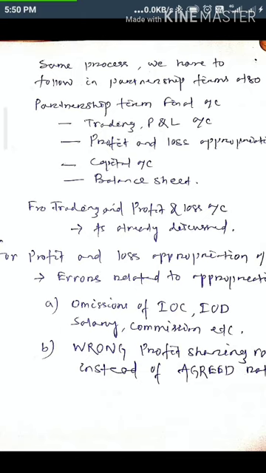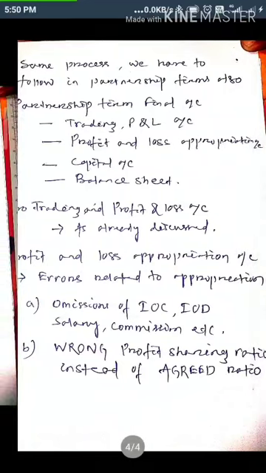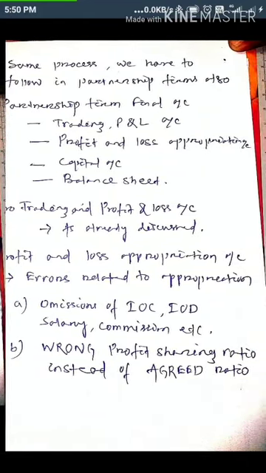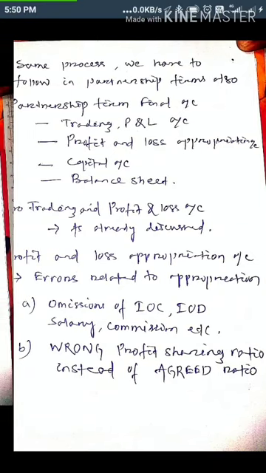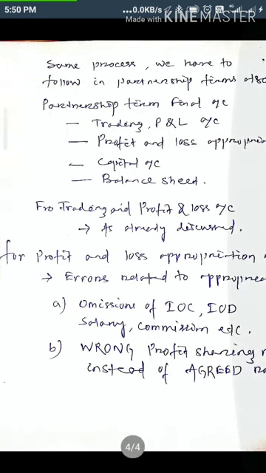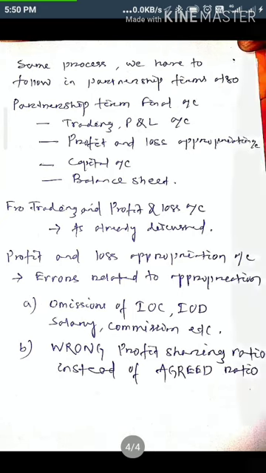The profit and loss appropriation account, we know, is an extension of the profit and loss account, and it shows the distribution and application of profit between the partners. Here we have to focus on errors related to appropriation: omission of IOC, that is interest on capital, omission of interest on drawings, omission of salary, omission of commission.